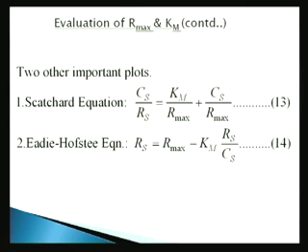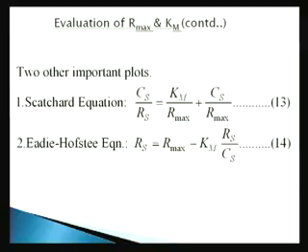So depending on how you collect your data, there are several options available to you, and you decide what form of the plot you want to use. Equation 13 uses Cs over Rs as your y-axis, and your x-axis is Cs. Equation 14 uses Rs equals Rmax minus Km times Rs over Cs. So this is very straightforward. Your intercept is going to be Rmax, and again you use Rs over Cs on the x-axis.